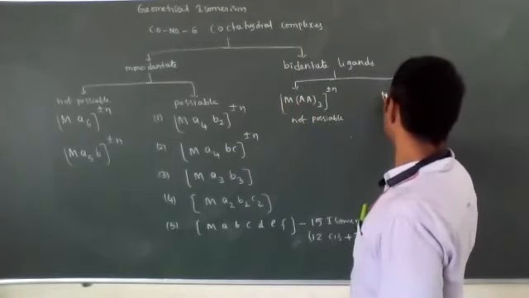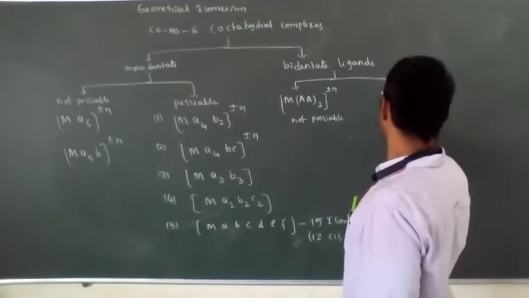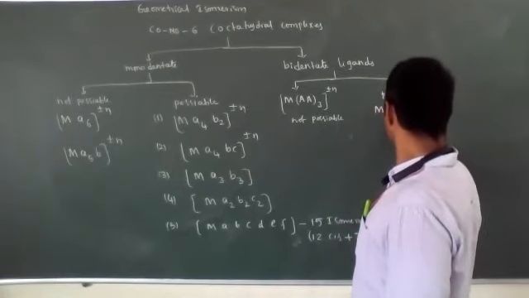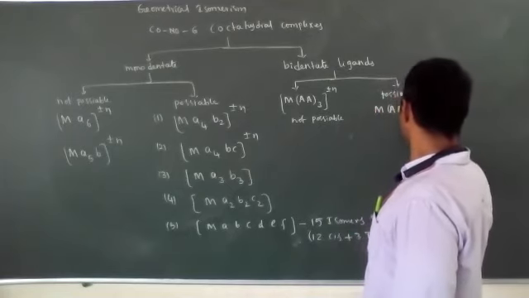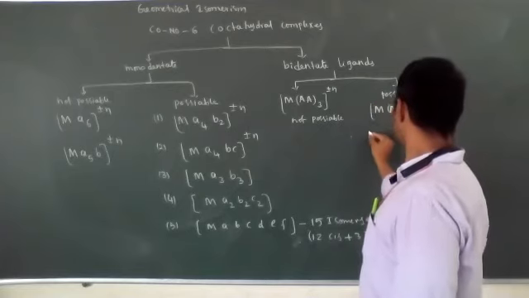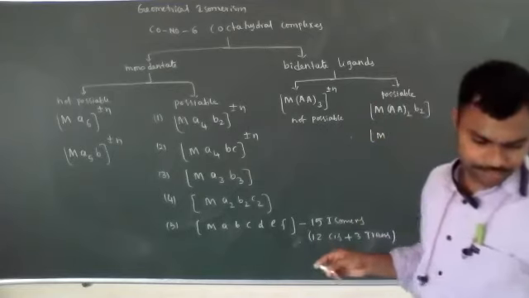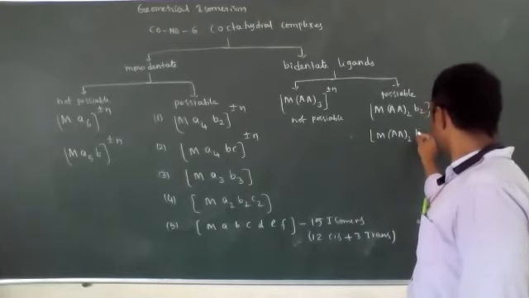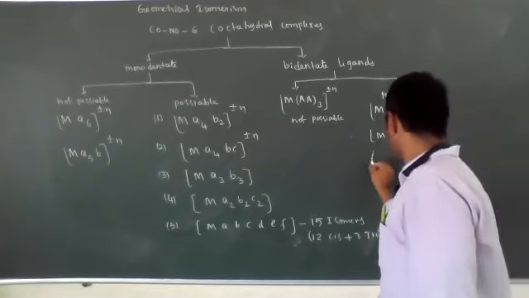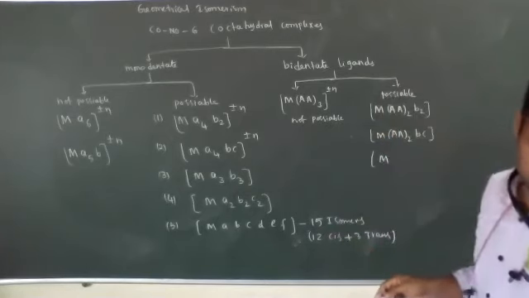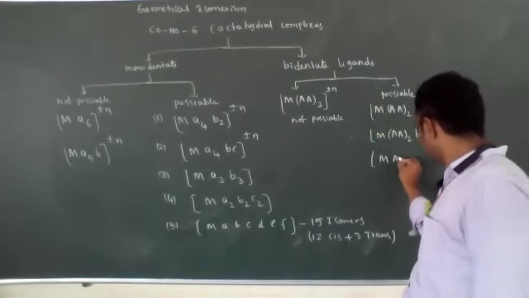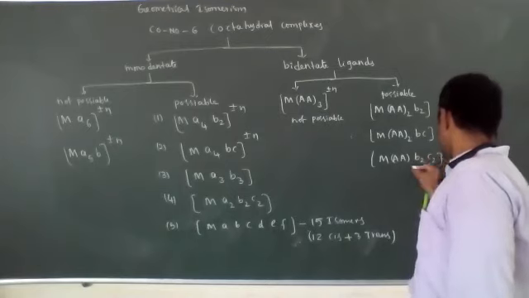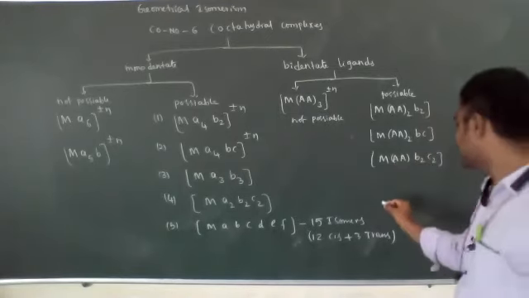Let's see the possible ones. M(AA)2B2, M(AA)2BC, M(AA)B2C2. Capital AA written means it is a bidentate ligand.